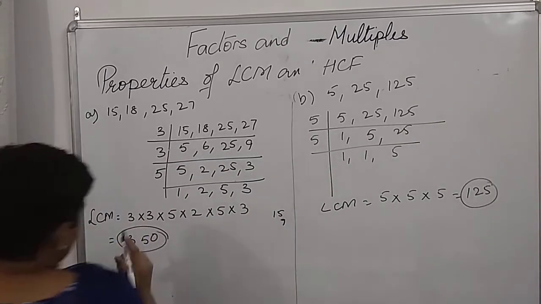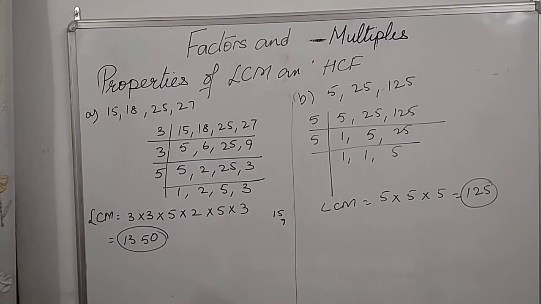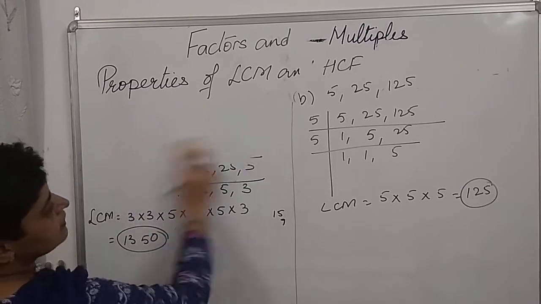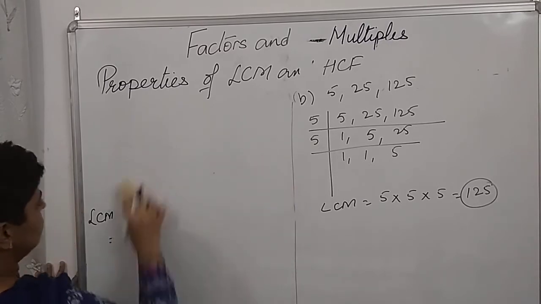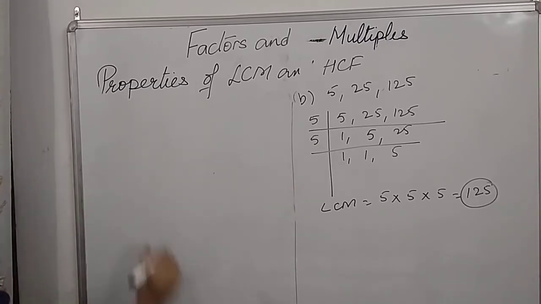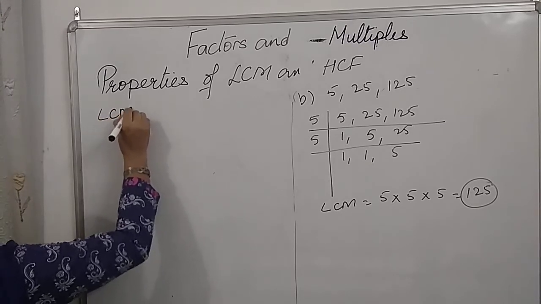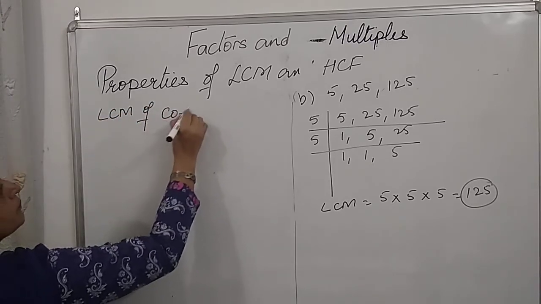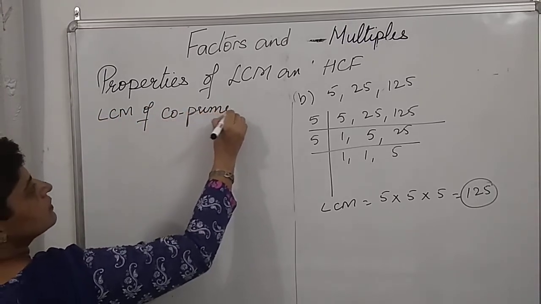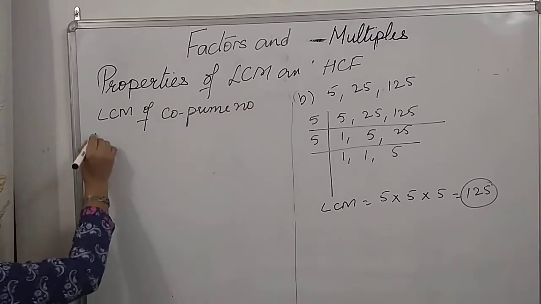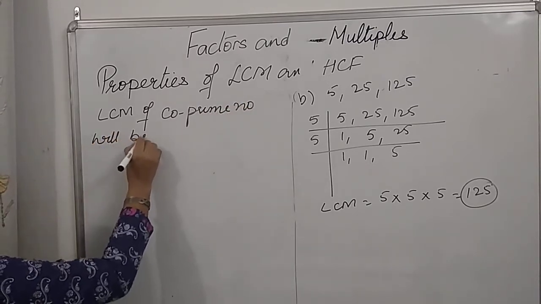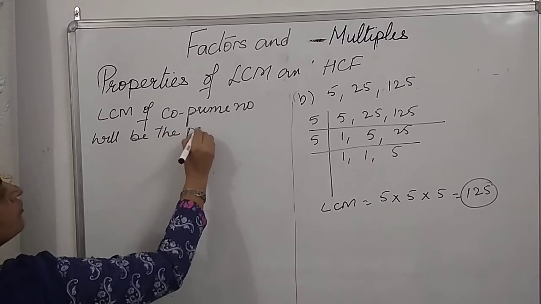Now property number 4: what is the LCM of co-prime numbers? LCM of co-prime numbers will be the product of the numbers.